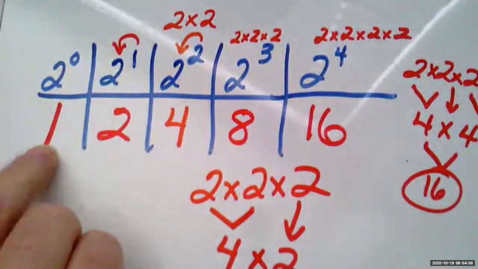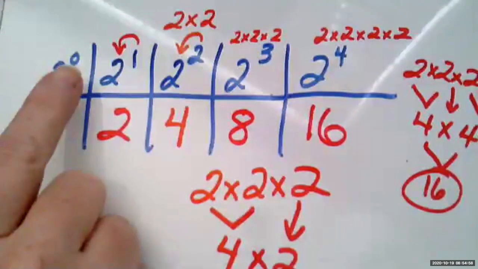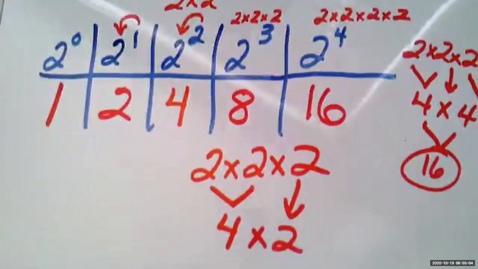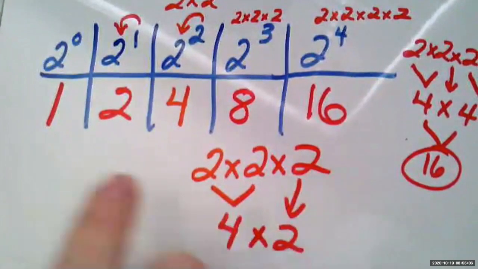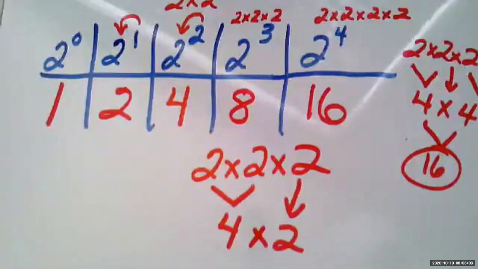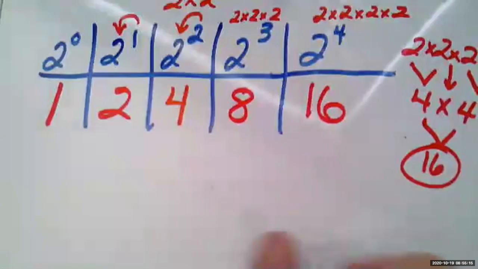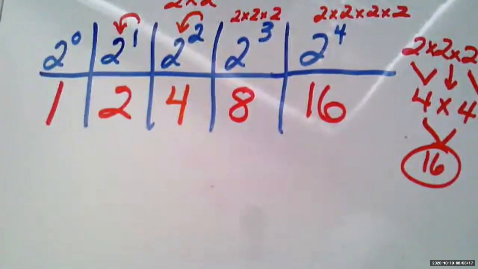Say it. You type it in the chat for me so I know you're listening. Any number to the 0 power is always 1. Some people wrote it on their whiteboards.